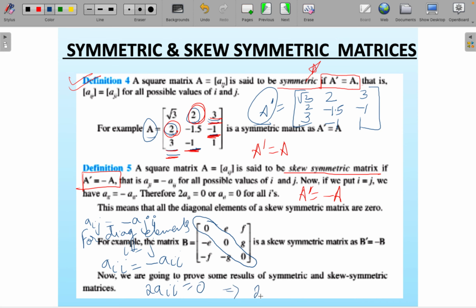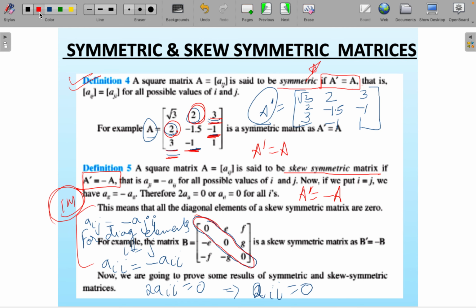So this implies aii will be 0 divided by 2, which is 0. So this is a very important thing about a skew symmetric matrix, that its diagonal elements are always 0. And this can also come as a one marker question, why the diagonal elements of a skew symmetric matrix are 0. So I have already told you why.